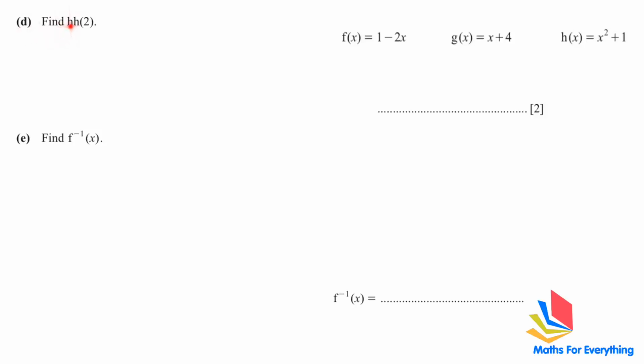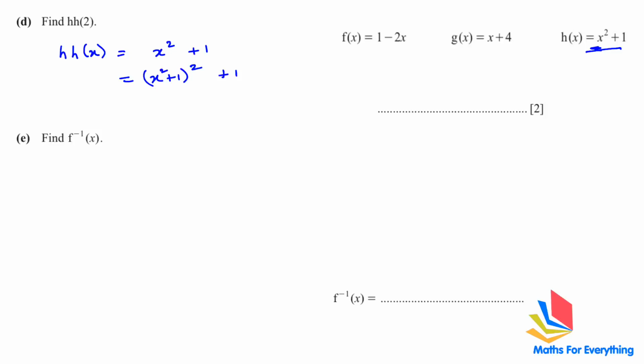Part D, find h of 2. So there are two ways to solve this. One way is like the previous one. In h, like we were solving for x, in place of x we substitute x squared plus 1, and then we square it.